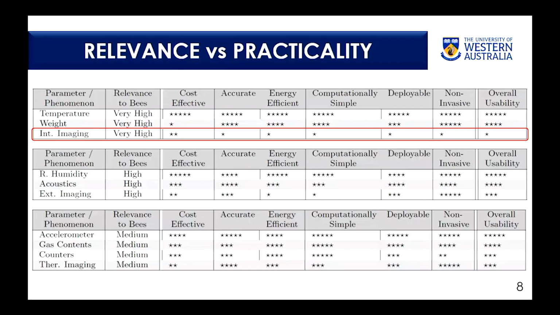Again, if we talk about accuracy, cameras are capturing videos or images. No person is going to be able to sit 24/7 and look at the imaging. You want an algorithm to process that video feed or images and see what the bees are doing. And with those algorithms, there are issues with accuracy. Cameras are not very power efficient.